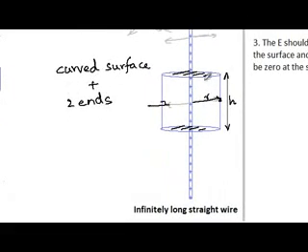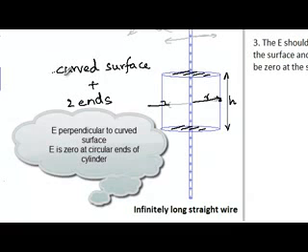Now the electric field is perpendicular to the curved surface, and E through these two ends is 0.